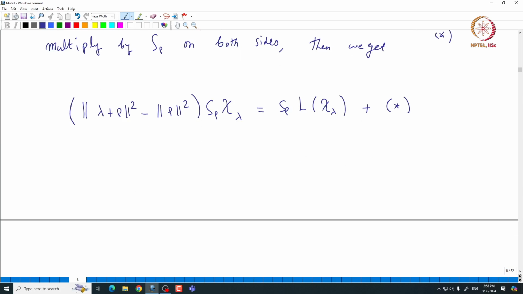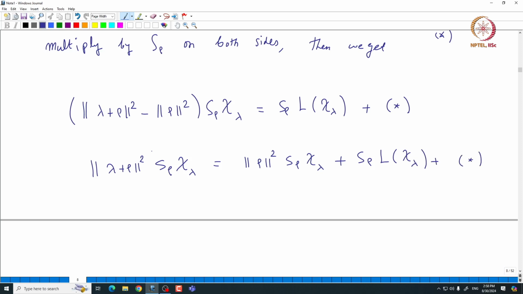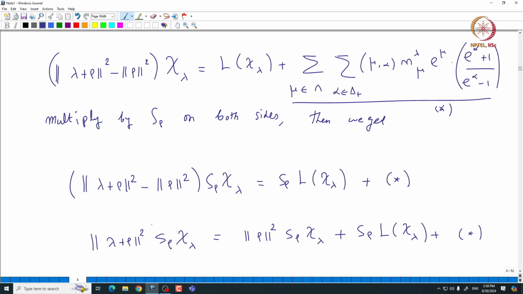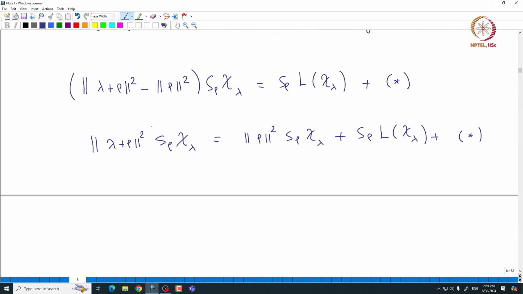Now this can be rewritten as follows: norm lambda plus rho square times S rho chi lambda is equal to norm rho square S rho chi lambda plus S rho L of chi lambda, plus this star term. Now if you think about it, L of S rho is given by norm rho square S rho. This is something we know.